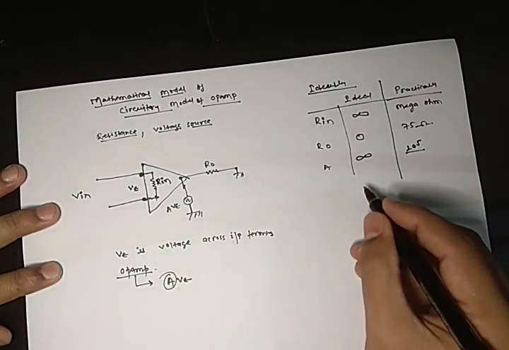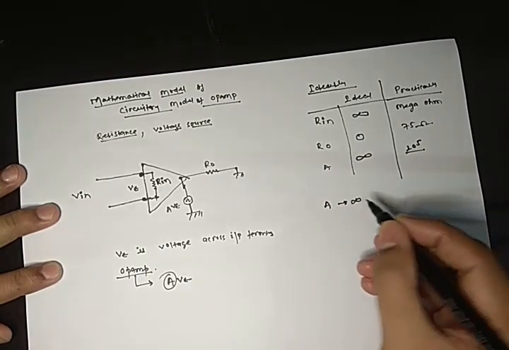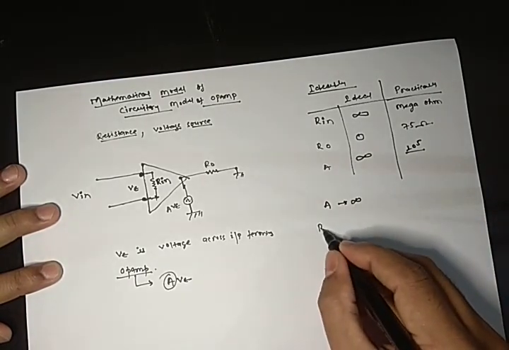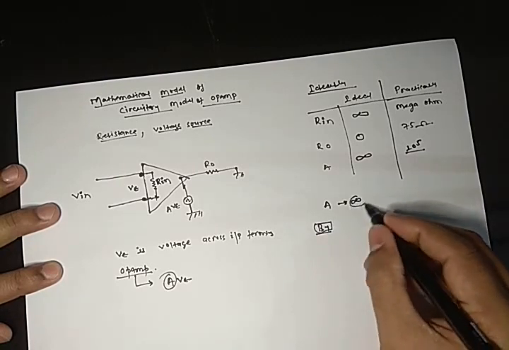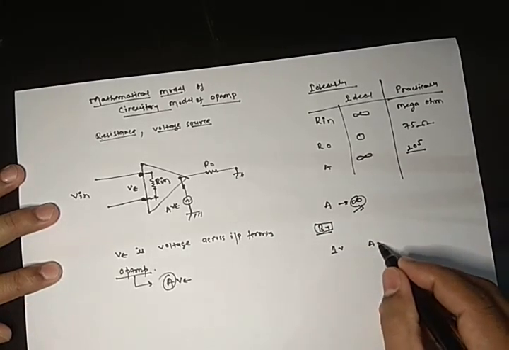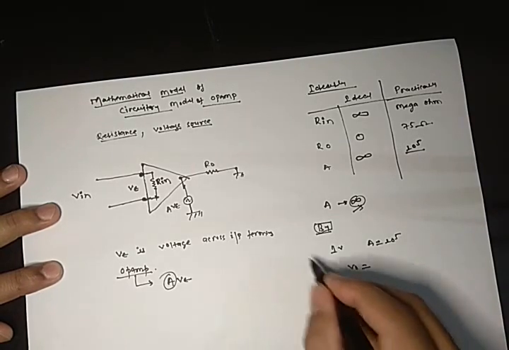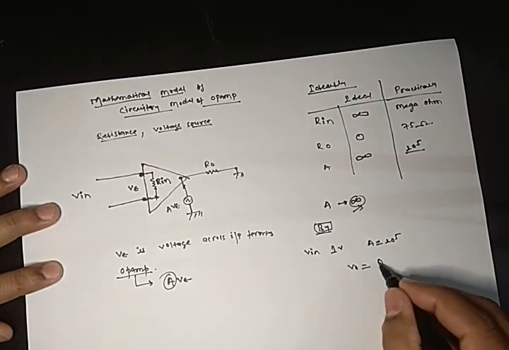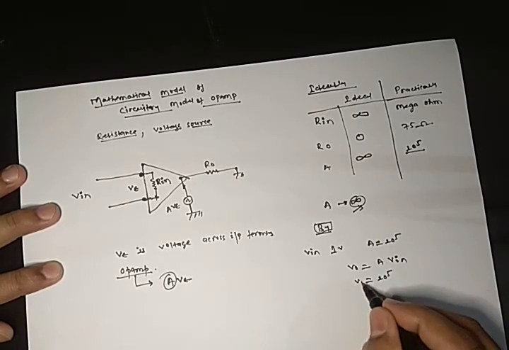Now one can say when A is tending to infinity, by any amount we can get the gain. Suppose we are giving 1 volt and A is 10 to the power 5, then V naught will be A into V in, which is nothing but 10 to the power 5.